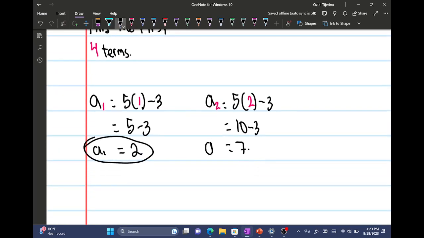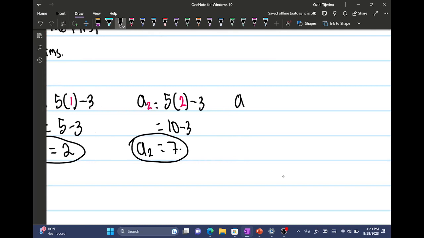So I know that a sub 2 is 7. And then a sub 3 is going to be 5 times 3 minus 3, which is 15 minus 3, which is 12. So I know that a sub 3 is 12.